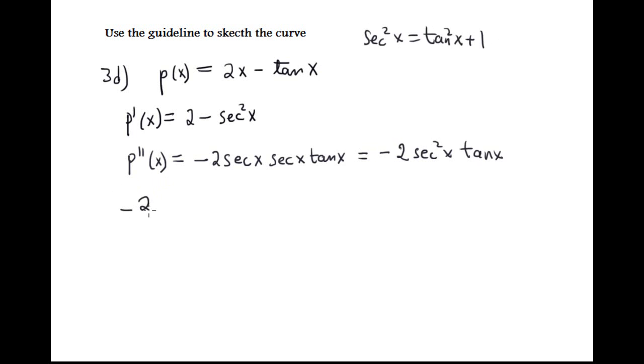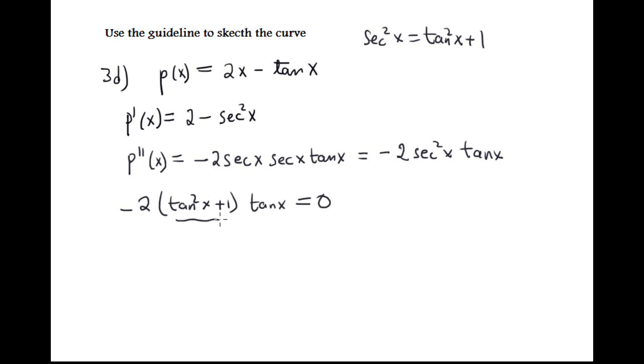Then we have minus 2 times (tangent squared x plus 1) times tangent x equals 0, in order to find critical values.